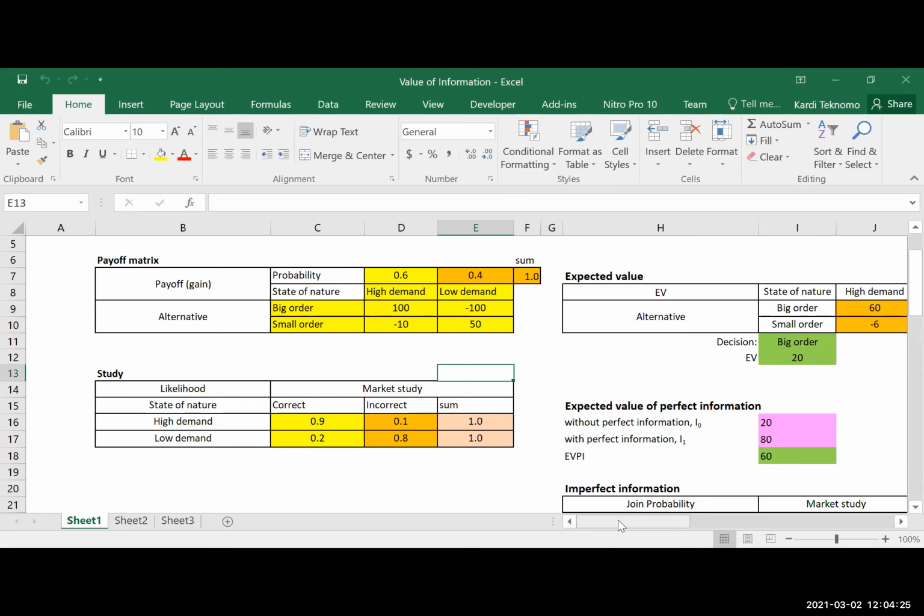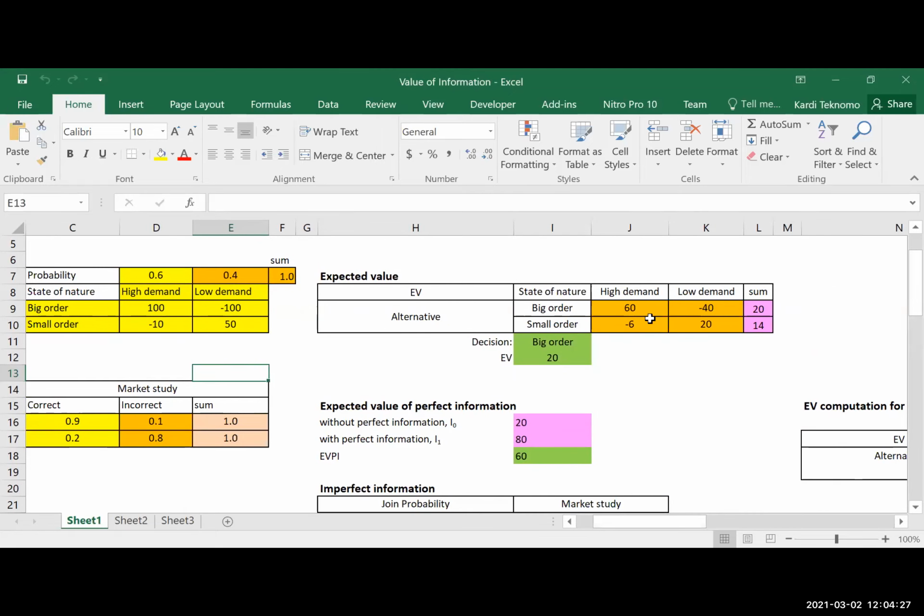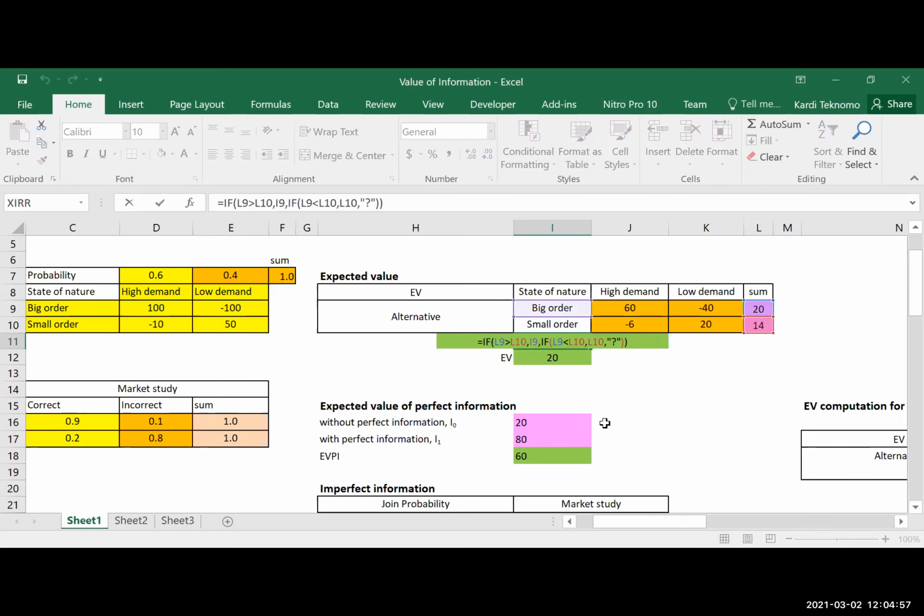In the fruit store problem, you already did this earlier, right? I compute the big order, which is 100 times 0.6. And for low demand, I computed minus 100 times 0.4, right? And then for the decision here, you use IF.